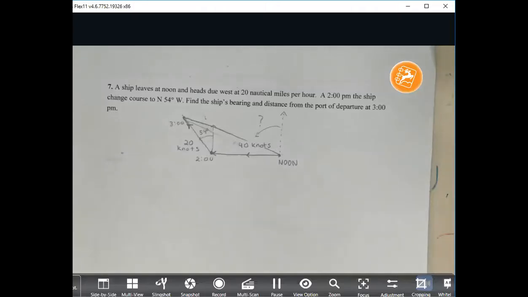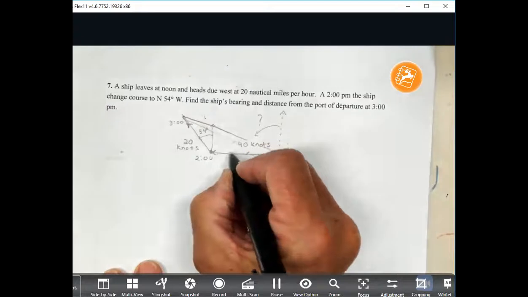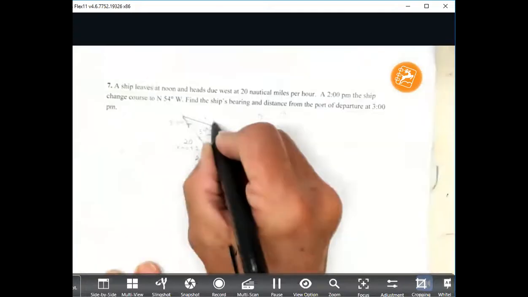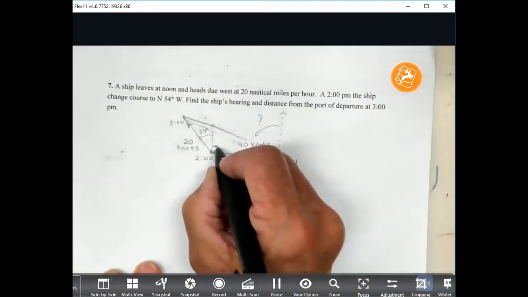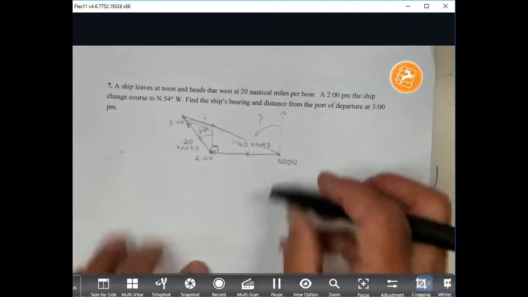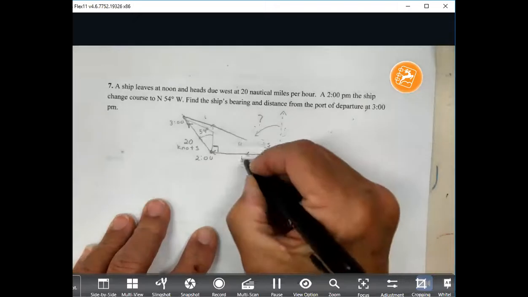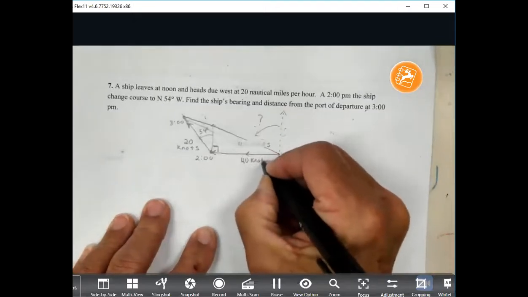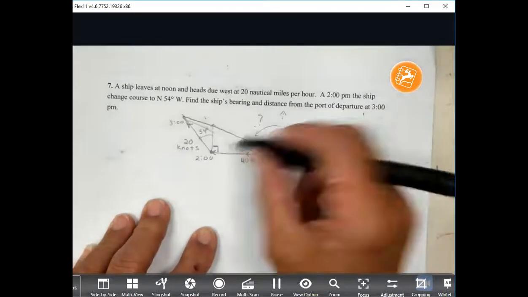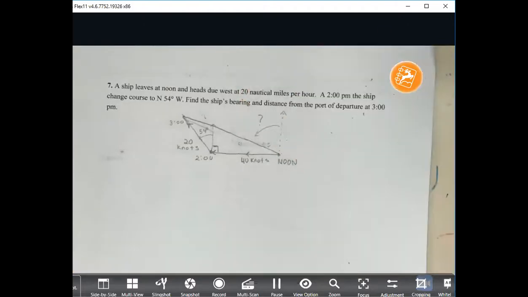So that big triangle is certainly not a right triangle, right? Looks like I've got a right angle here because this was going due west and the bearing was measured from north. So I know that's a right angle right there. And my 40 knots is down here. Let me get that out of the way. Okay, what else do I know?